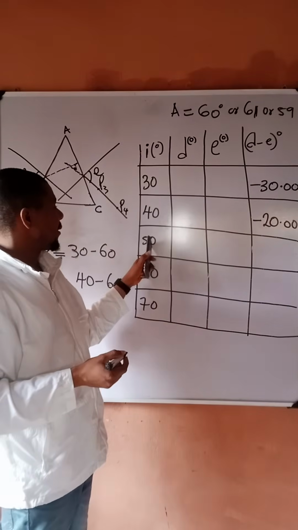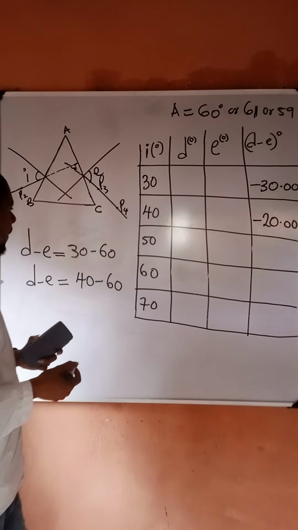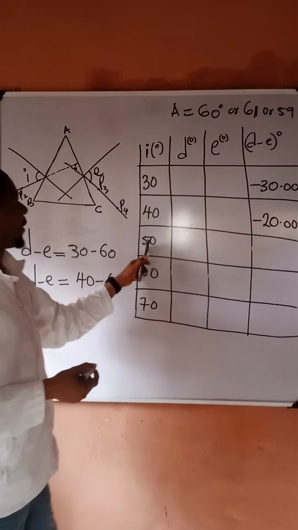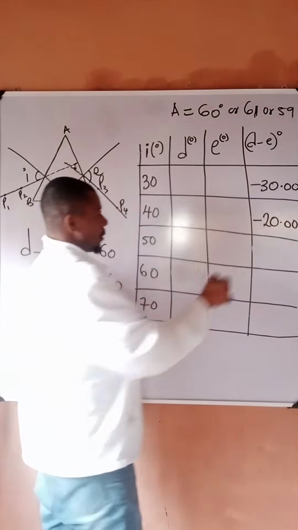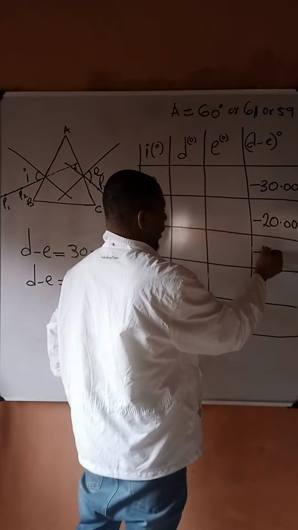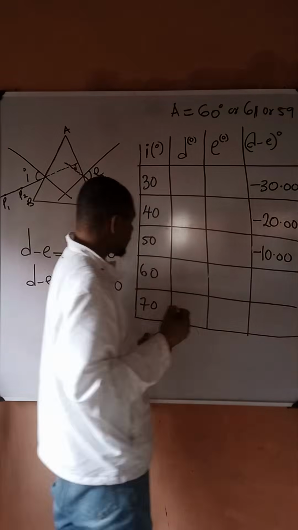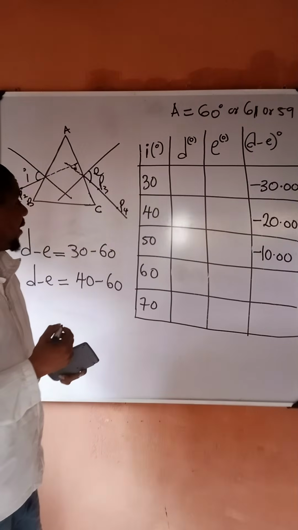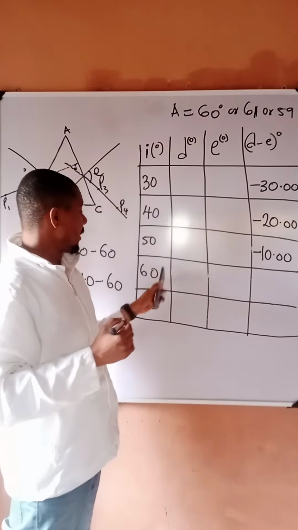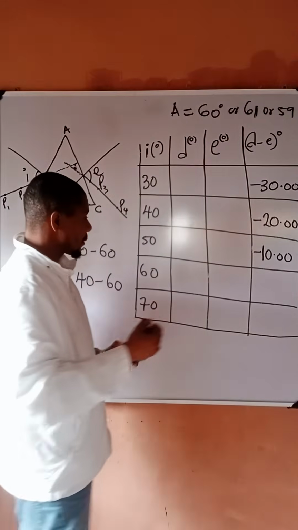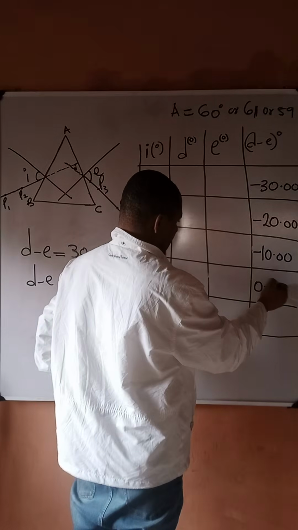And the third one is 50. 50 minus 60 will give us what? Minus 10.00. And the fifth one is 60 minus 60. 60 minus 60 will give us what? 0.00.